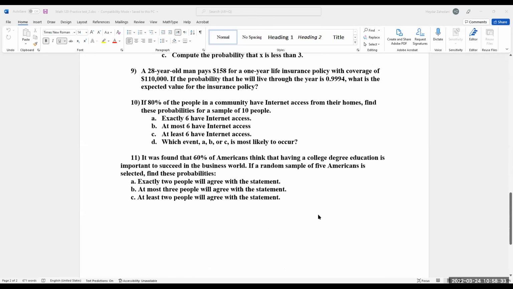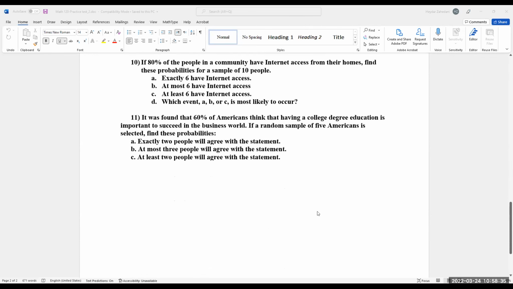Okay, so let me give you the problem. You see this number 11. All of them start with this type of expression: it's reported, it's known, it was found.